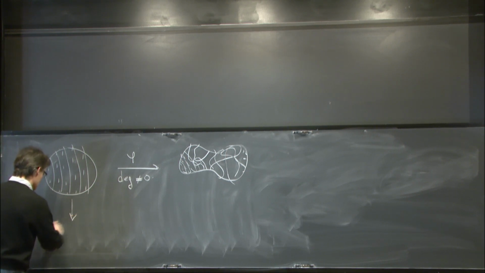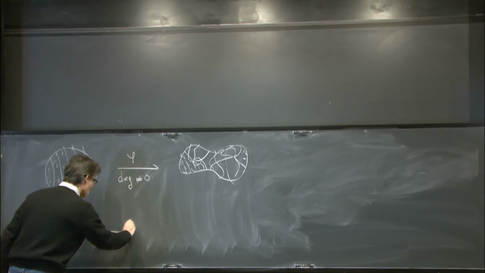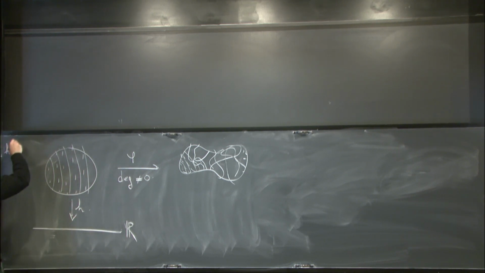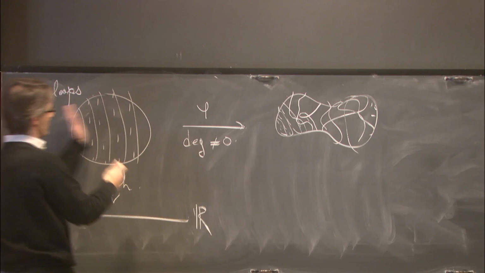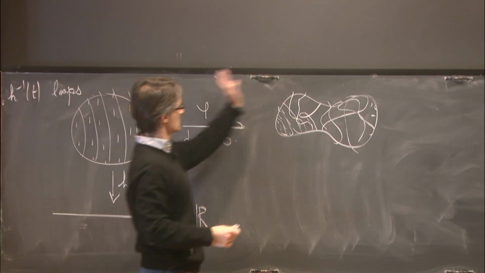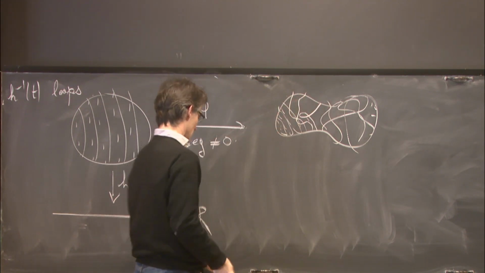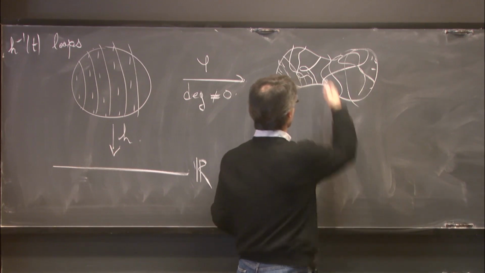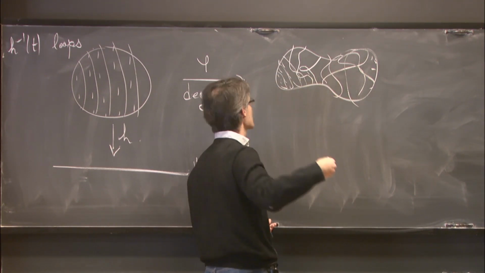Okay, so that's sort of the general result. Here you have this projection, and you see that the preimages, those level sets here, are loops. And then you map this one-parameter family of loops to the two-sphere. You use this min-max process, and you get a closed geodesic.